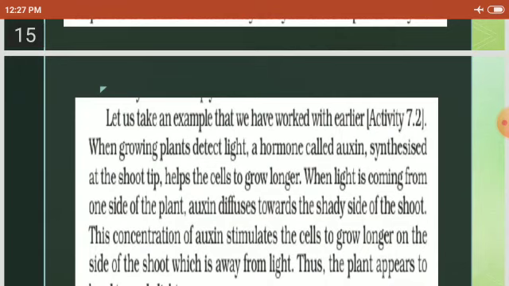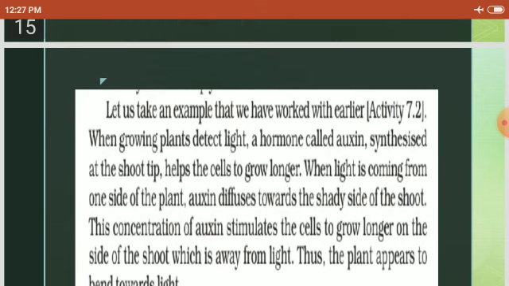Let us take the example we had earlier, of growing plants detecting light through a hormone. When we study plant hormones, there are auxin, gibberellin, cytokinin, all these. You have seen the plant growing towards the light.